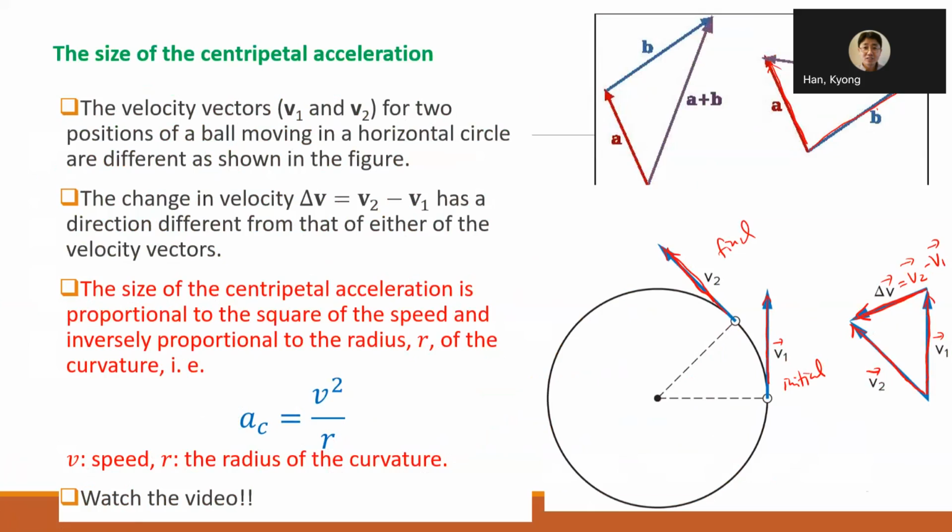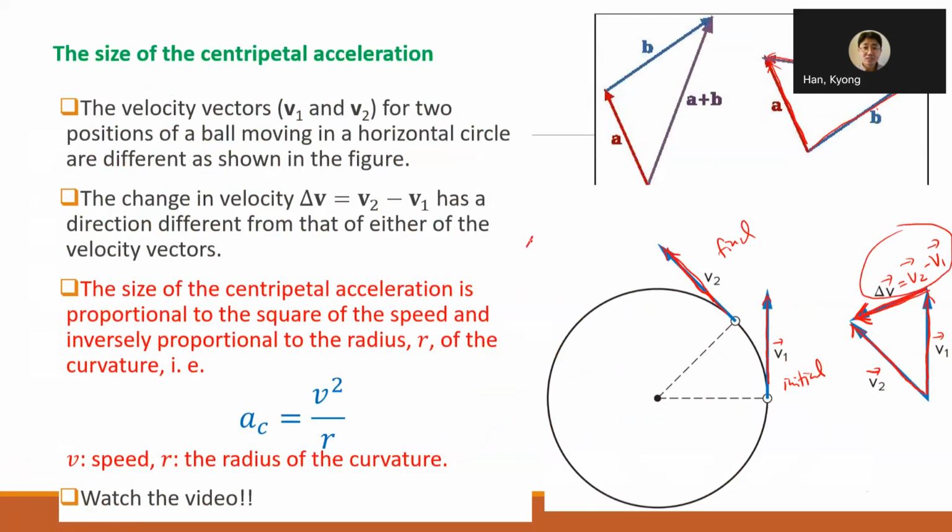This vector is the subtraction of a vector minus b vector. Similarly, from the starting point of v1 vector to v2 vector, this will be the subtraction, delta v vector, which is v2 minus v1 vector.